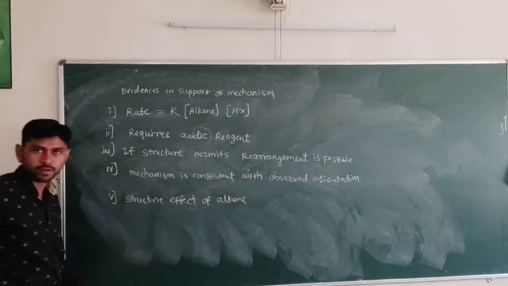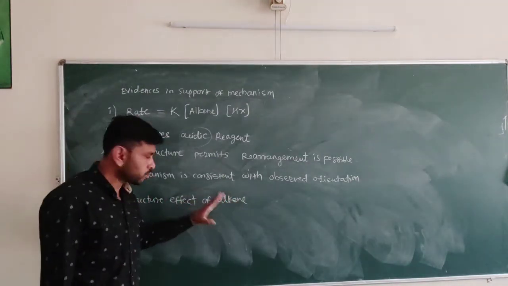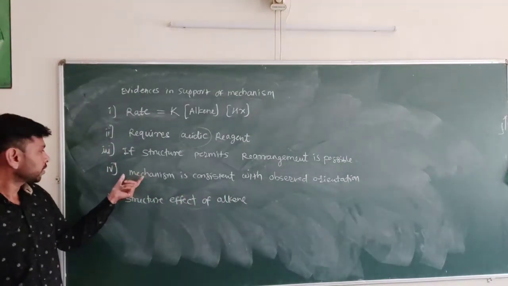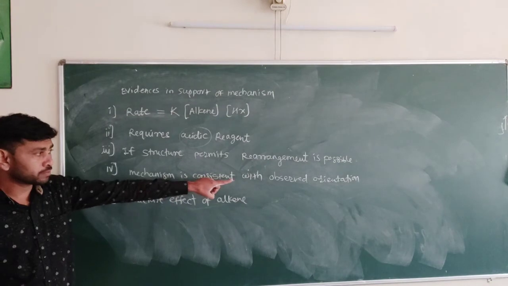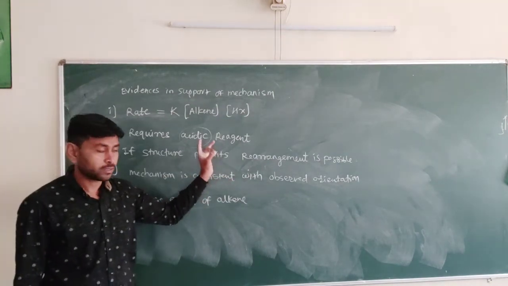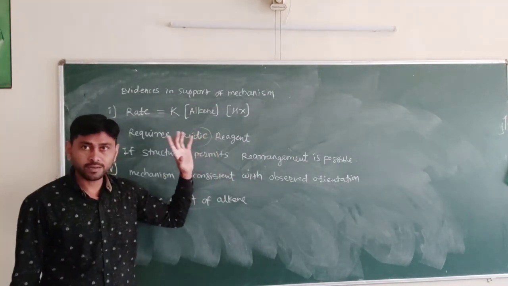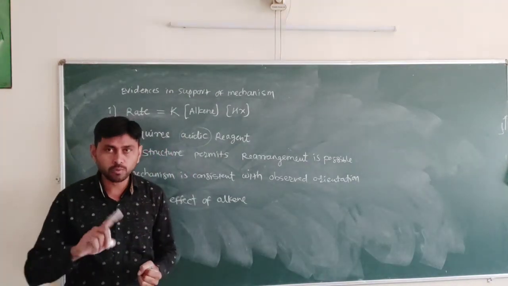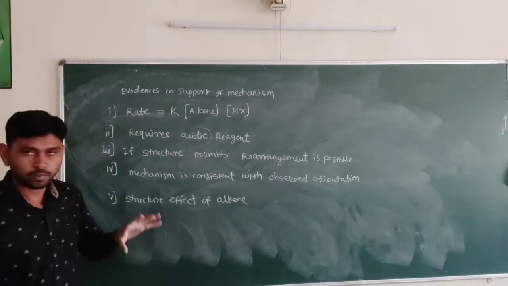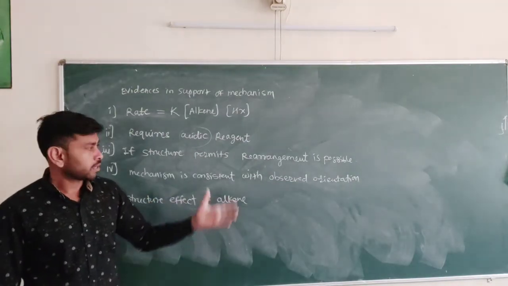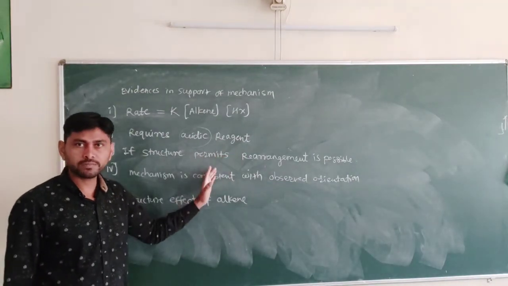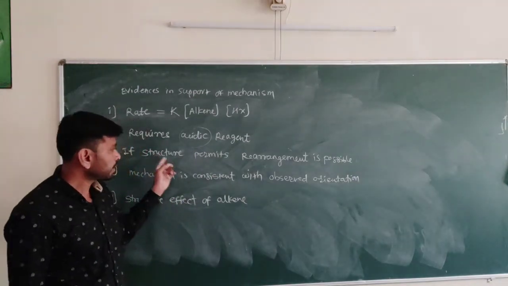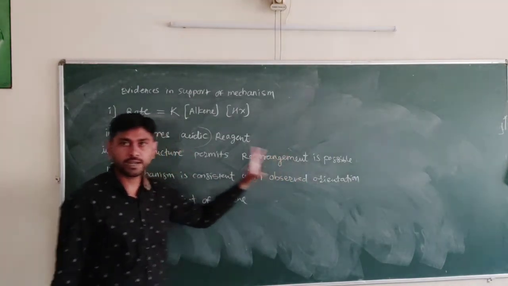Structure effect of alkene is also an important point that we have to see in later points. As we obtain in unsymmetrical alkenes, more than one product is possible, and we see why only one product is major and another product is minor. That is the observed orientation.